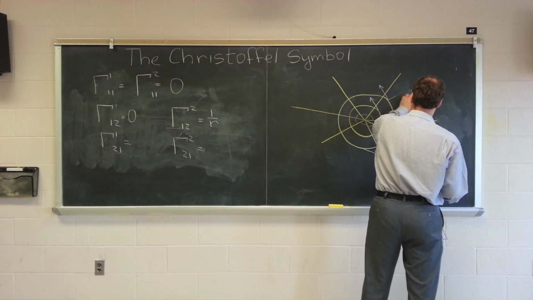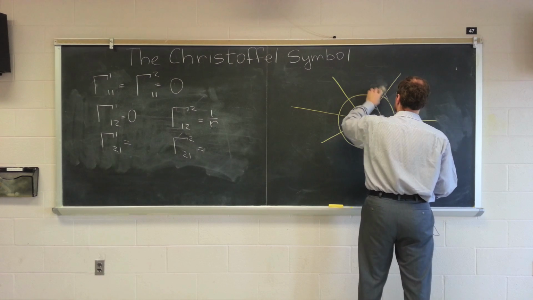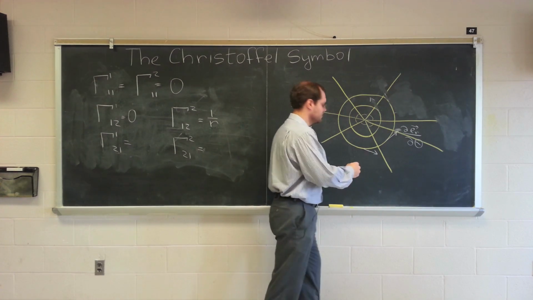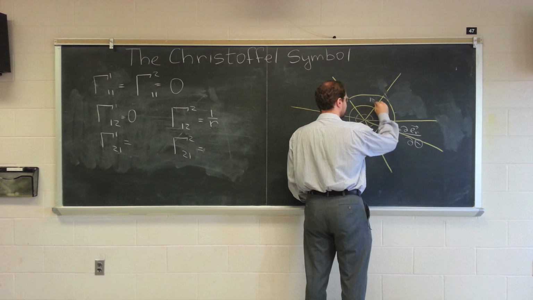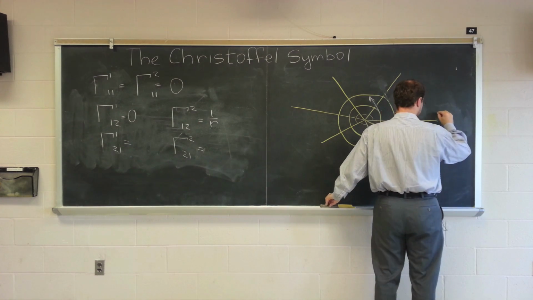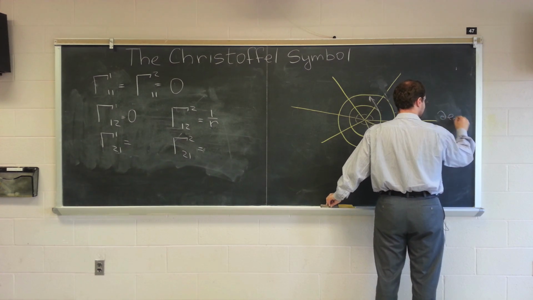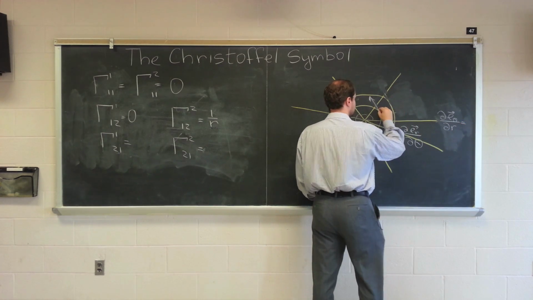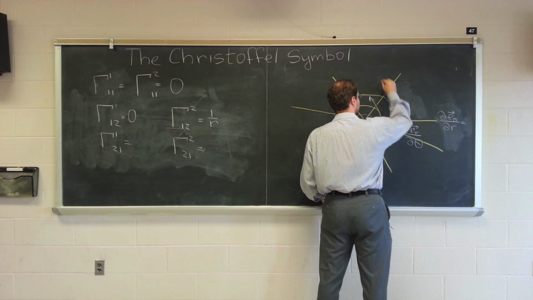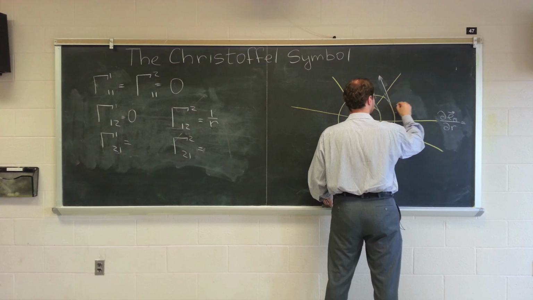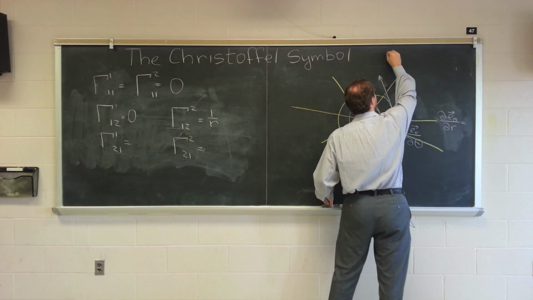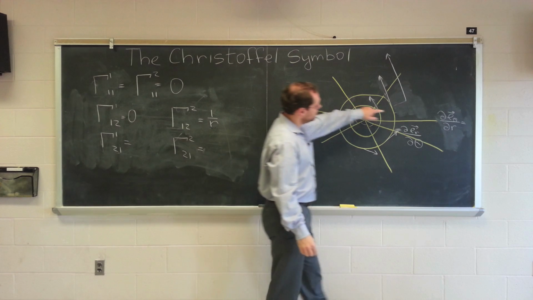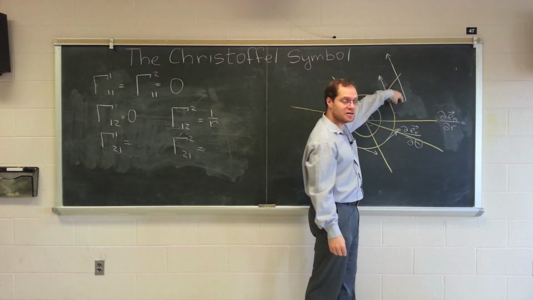So I might as well erase, we're done with this one. dE_θ/dr. So let me draw E sub theta. That's the one we're working with right now. dE_θ/dr. So it equals its unit here. It's twice as long here. Then if you keep going 1 or more, it would be 3 times as long. So E sub theta very much depends on r.